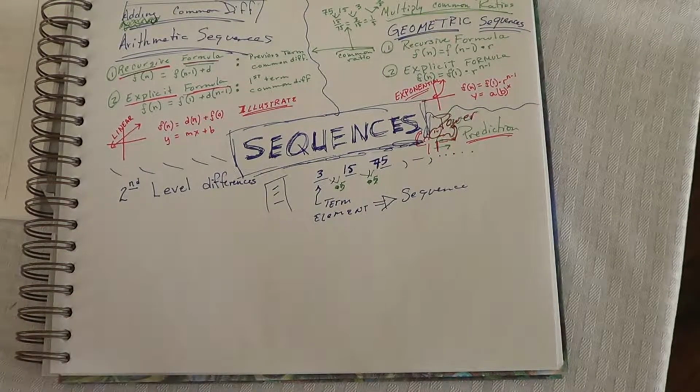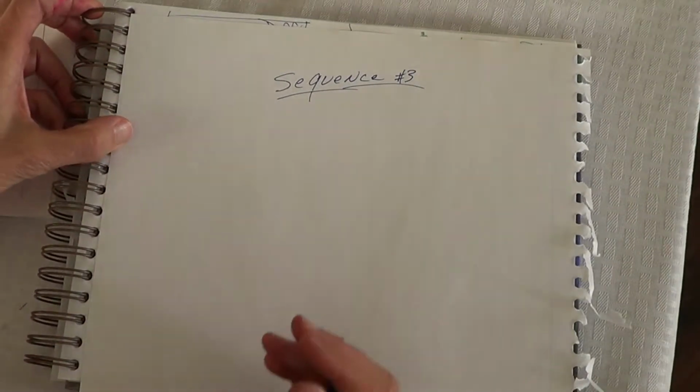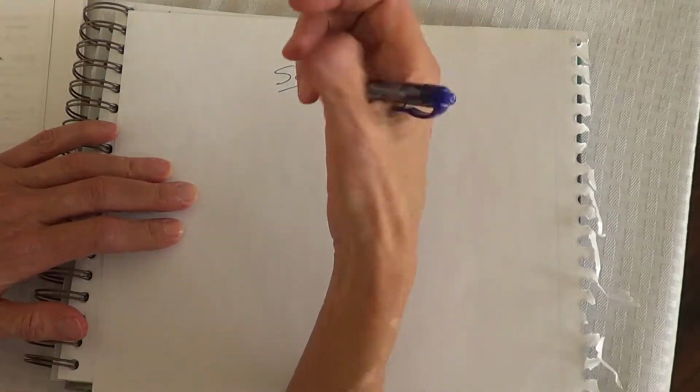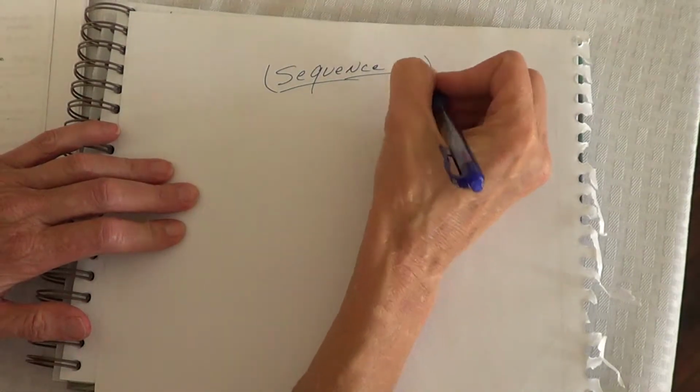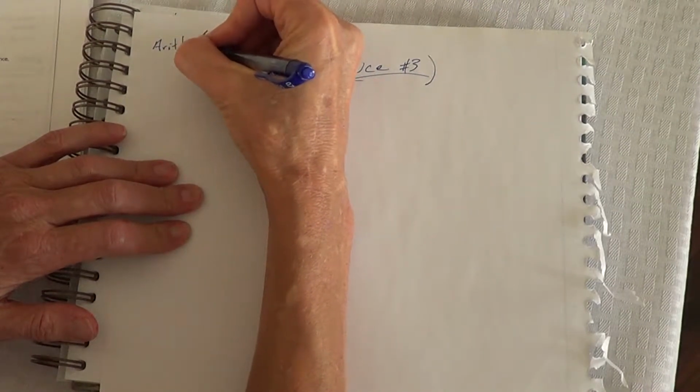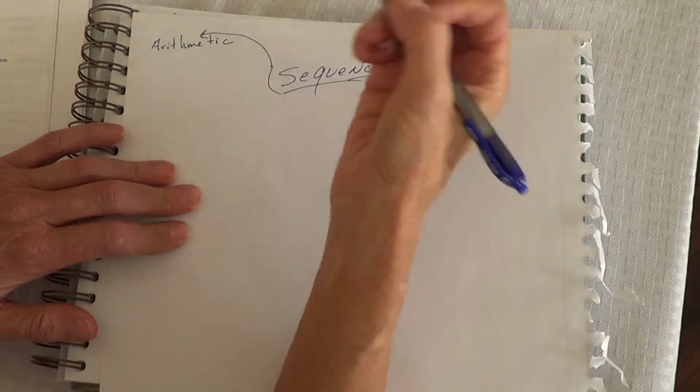So today, what we really want to do is just get prepared to come to class to play a little bit more with these. So let's think about this with our sequences. We went two different directions. We went arithmetic. Again, that was adding.